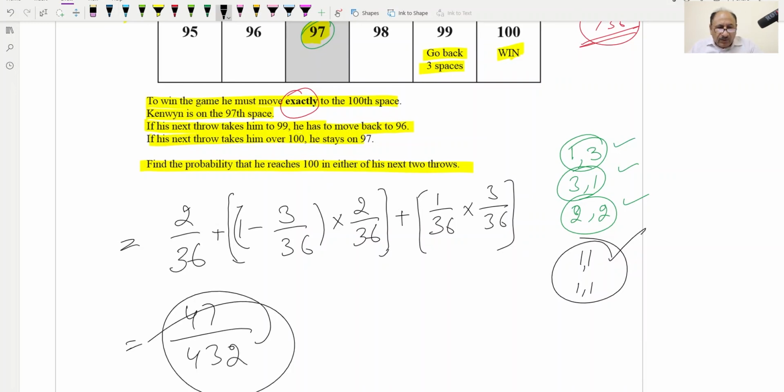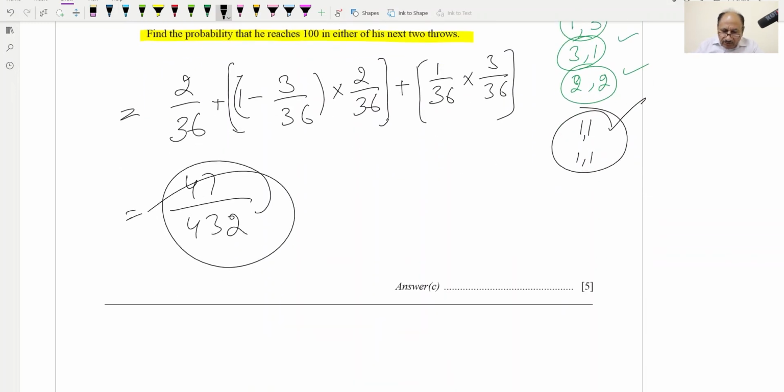This will be the probability, and the final answer we can provide over here, which will be this one.